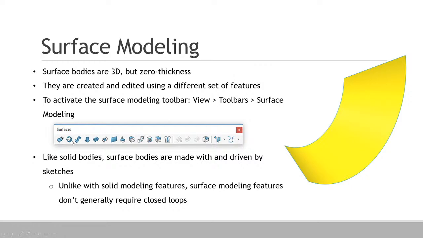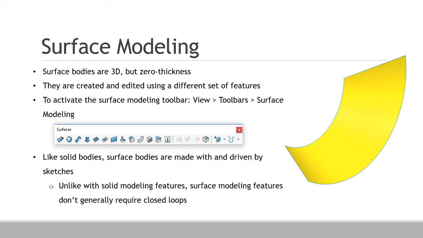It's a lot of the same fundamental operations as solid modeling, but you don't necessarily need a closed contour. So here there's an extrude surface option, a revolve surface option, a sweep surface, and a loft surface. So a lot of the same operations as with solids. And just like solids, the surfaces are controlled by sketches. So you'll still draw out a sketch and then extrude it or revolve it or sweep it into a surface.